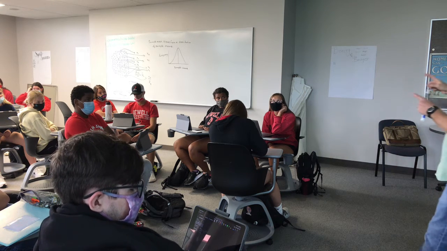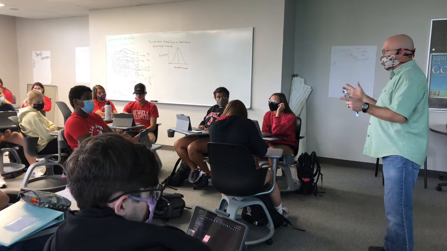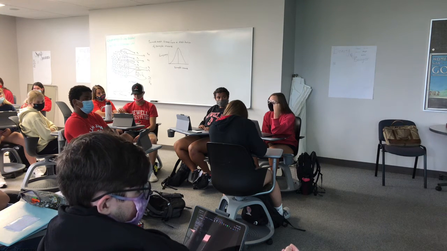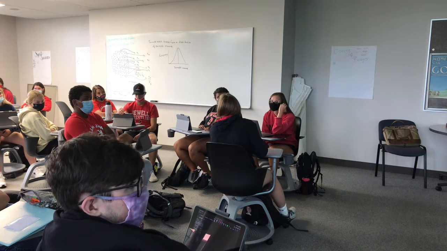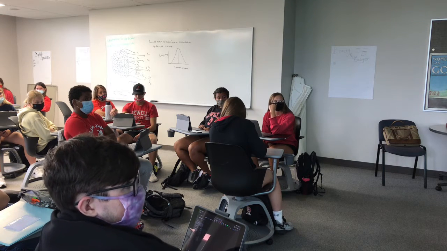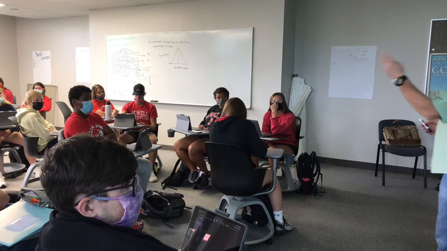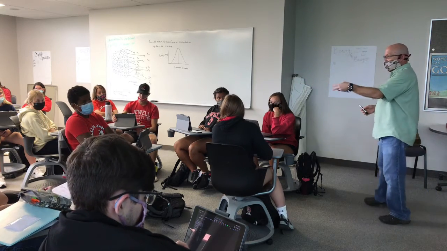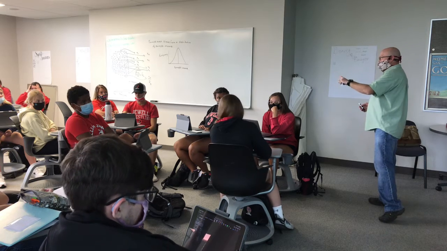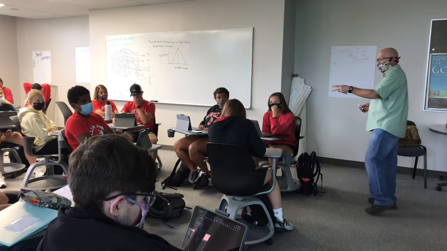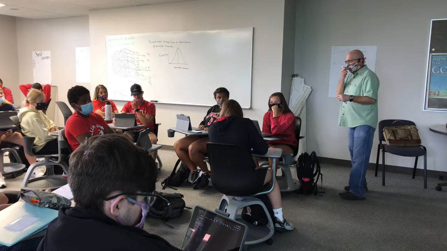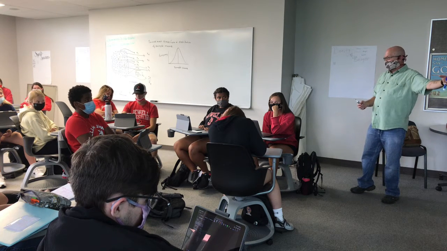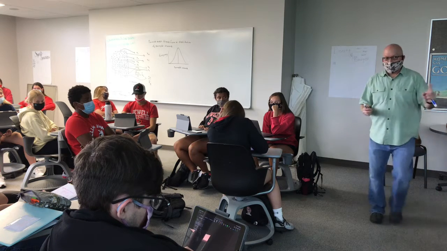Were the original data a normal distribution? No, the original data are a uniform distribution. 4 1s, 4 2s, 4 3s, 4 4s, 4 5s, 4 6s, 4 7s, 4 8s, 4 9s, 4 10s, 4 11s. Well, that's a jack. 4 queens, 4 kings. It's a uniform distribution, but when we sample it and calculate the means of those samples, it doesn't give us a uniform distribution.